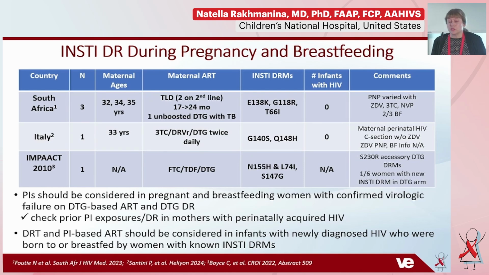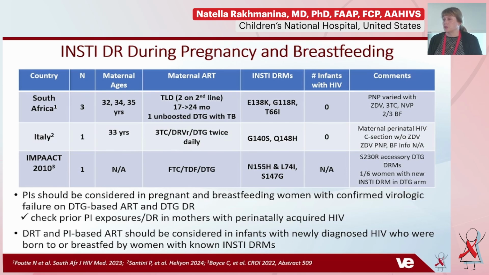There is also a published Italian case in a woman with perinatally acquired HIV and multi-drug-resistant virus who was successfully suppressed throughout pregnancy with 3TC, darunavir, and DTG, with standard neonatal PNP and no transmission. And there is one older report from the IMPAACT 2010 trial, with no information on the infant, but a case of maternal DTG resistance. Overall, I think we're seeing quite scarce data from an extensive literature search.